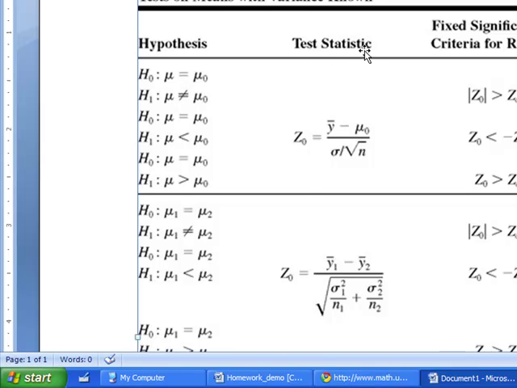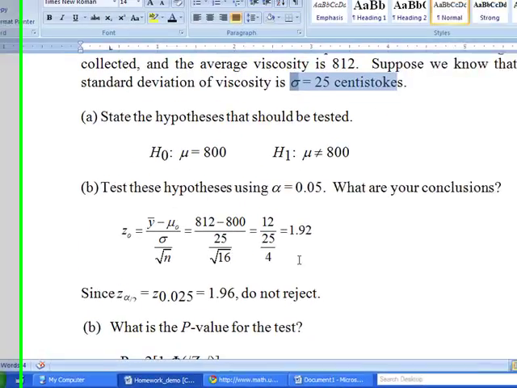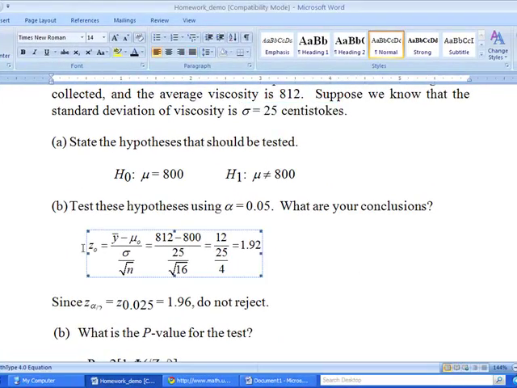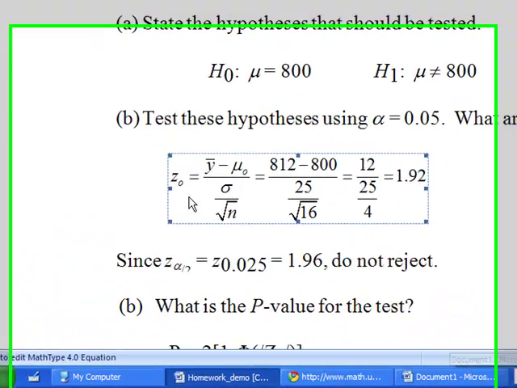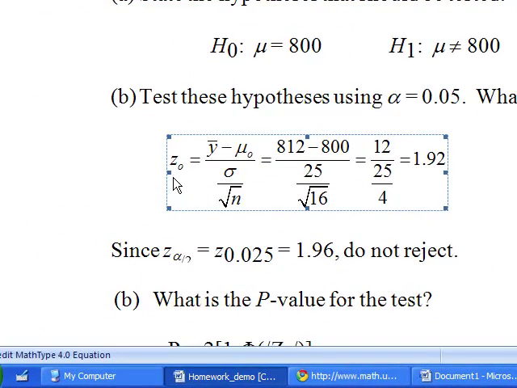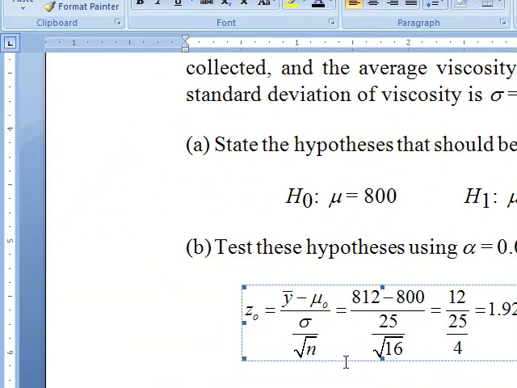So the test statistic we need to calculate first is given by this formula here. G sub 0 is equal to y bar minus mu sub 0 divided by sigma by root n, right? So here I copied that formula, which is G sub 0. You can see here the same formula.